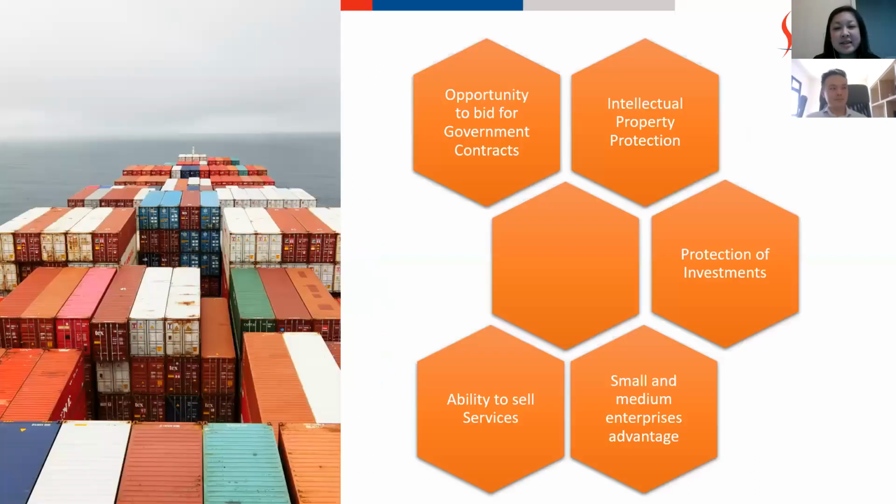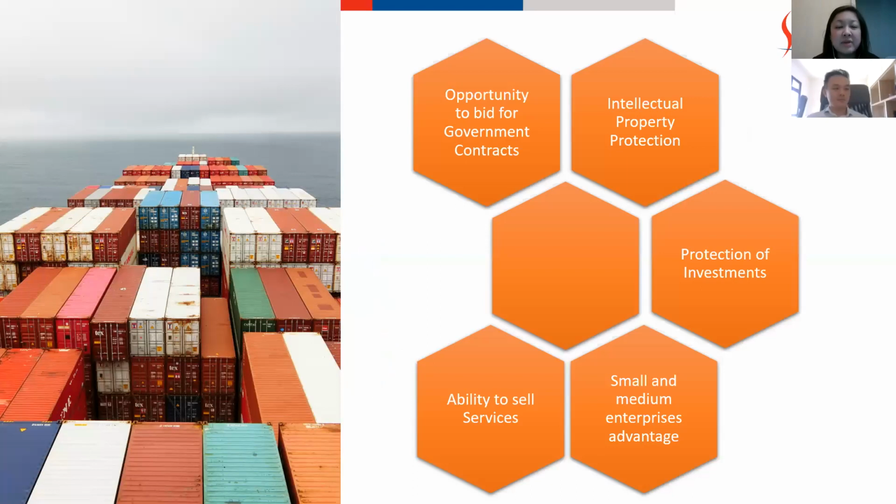Okay, so this slide depicts other benefits that FTAs bring, and I will cover them briefly because I think some of them have been covered by Jason just now. If an importing country is a party to the WTO Agreement on Government Procurement, then the framework for the government procurement of this country must align to international standards and obligations. It is usually based on the principles of fairness, transparency, and value for money.